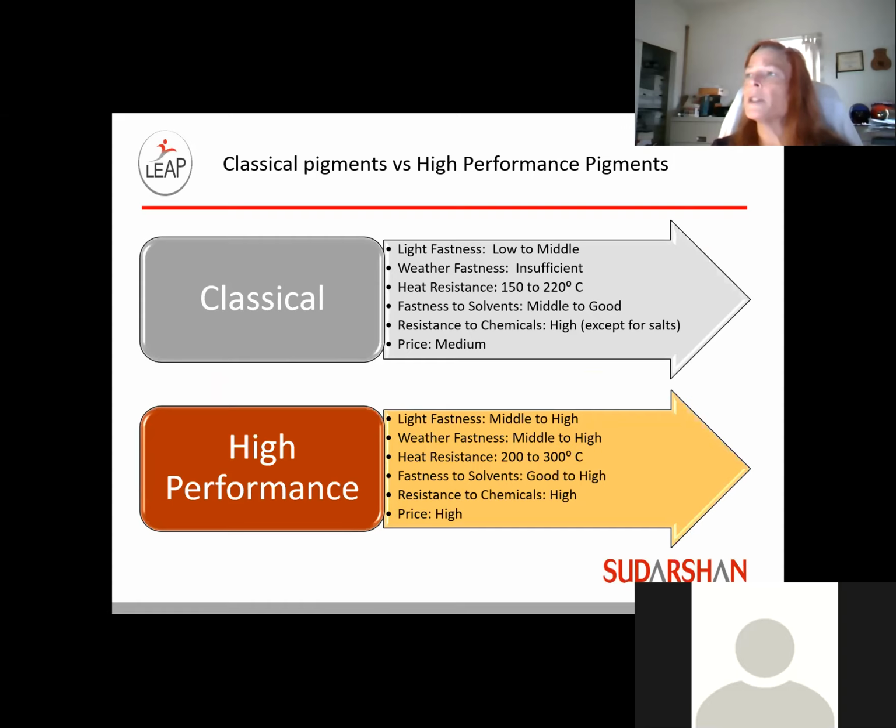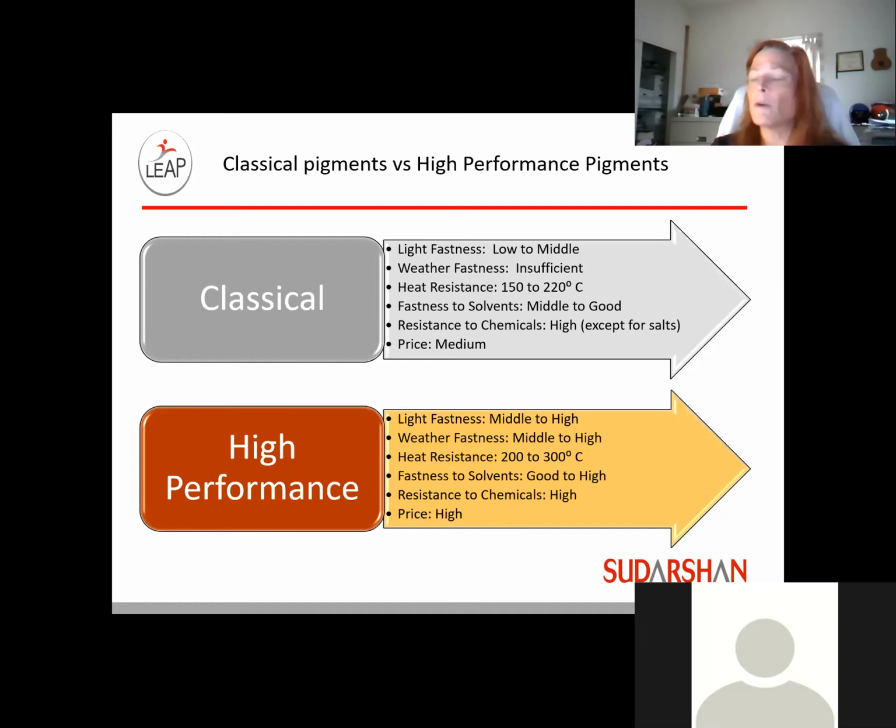The other key differences are in the heat resistance capabilities. High performance pigments like DPP chemistry have a high heat resistance, especially important for some of the engineering polymers that are processed at much higher temperatures.